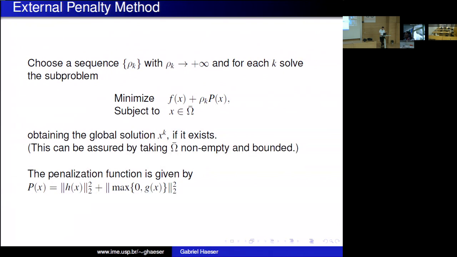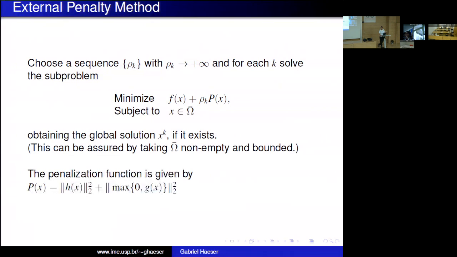So let's recall, we had a sequence of parameters rho k, penalty parameter, and for each k we can solve this subproblem. So now it's not an unconstrained subproblem, it's an easy-constraint subproblem. So we selected those constraints in omega bar, and we will not penalize with respect to these constraints. In external penalty methods, you can always do this.